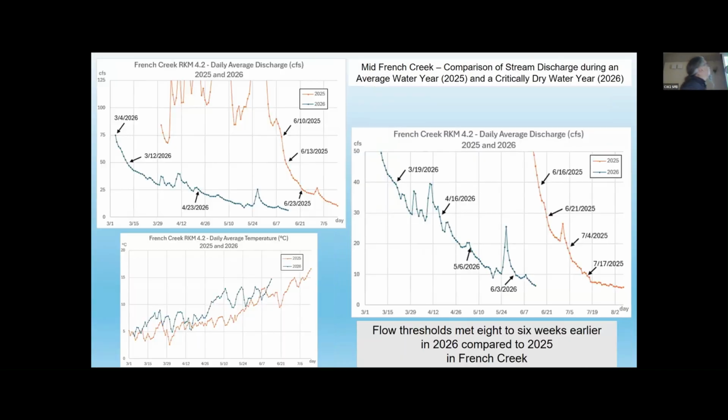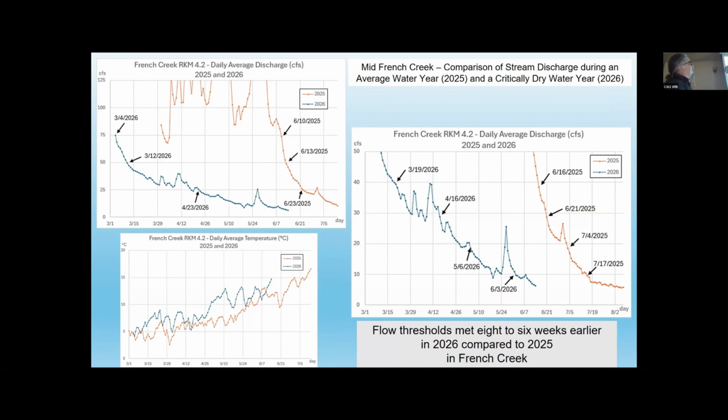the target species. Here's just another example of what I spoke to using the Scott River data at the USGS gauge. This is French Creek data from 2025 and 2026 at that reach that I showed previously.